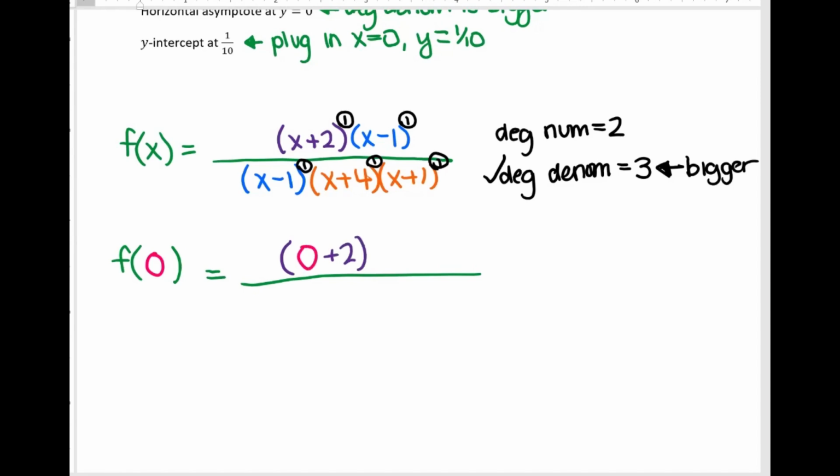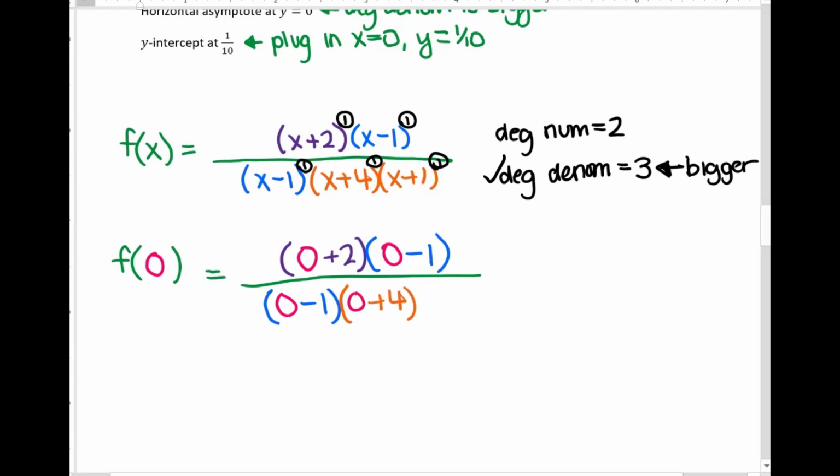Instead of x minus 1, we're going to have 0 minus 1. Gotta plug 0 into the bottom as well. So instead of x minus 1, again, we have 0 minus 1. Instead of x plus 4, we'll have our 0 plus 4. And instead of x plus 1, we'll again have 0 plus 1.